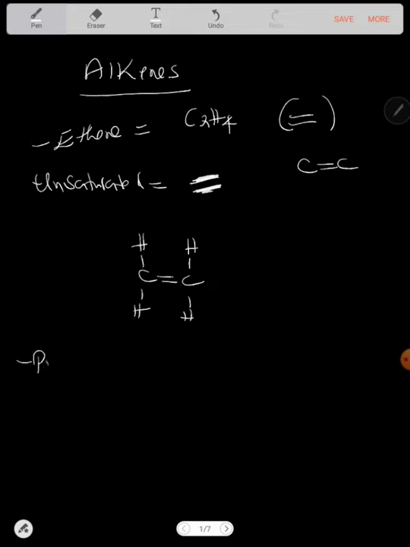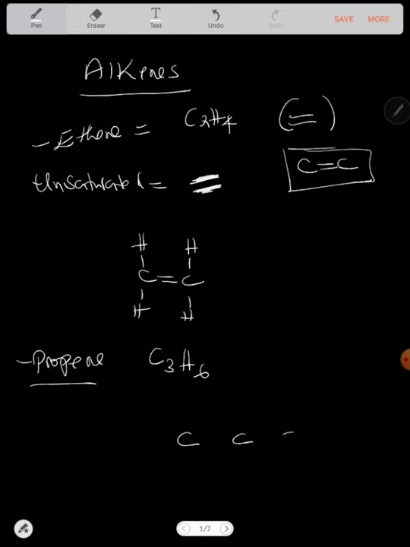What about propene? Propene had this formula, if you remember, C3H6. How can you draw it? We have 3 carbon atoms. The double bond should only be between 2 carbon atoms, not all the 3 carbon atoms. So first you write all of them. Then you choose which one should have a double bond.